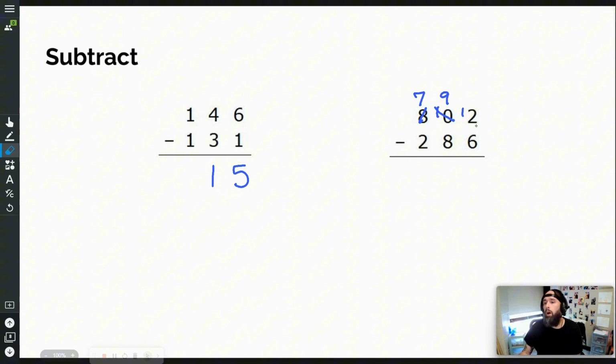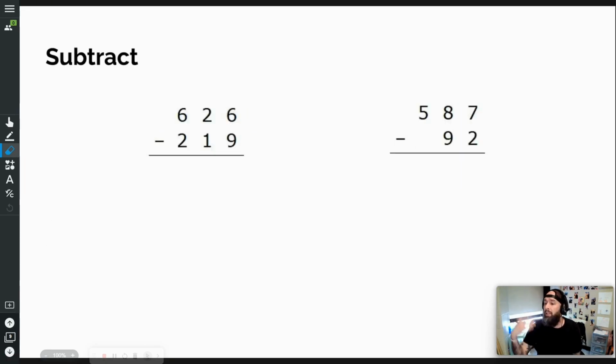So 12 minus 6 is 6. 9 minus 8 is 1. And 7 minus 2 is 5. So we didn't have to have a double 0 to do that double borrowing that we saw before. Zeros definitely complicate things when you're subtracting. You would think it would be easier, but not if that number's on top.